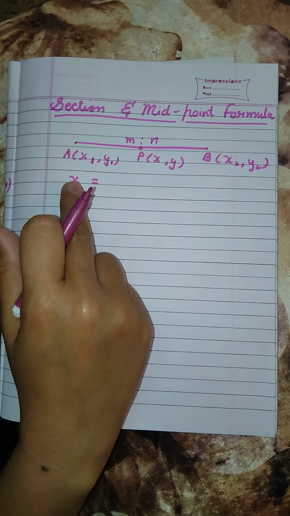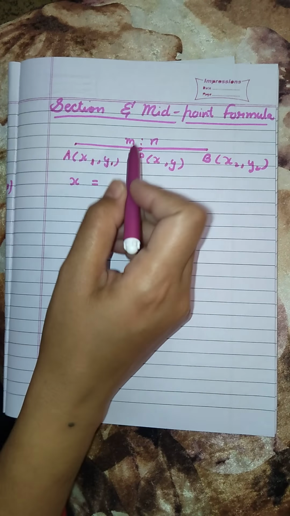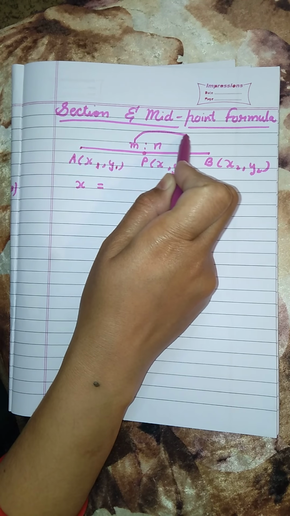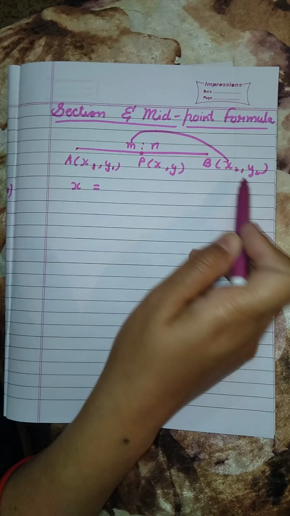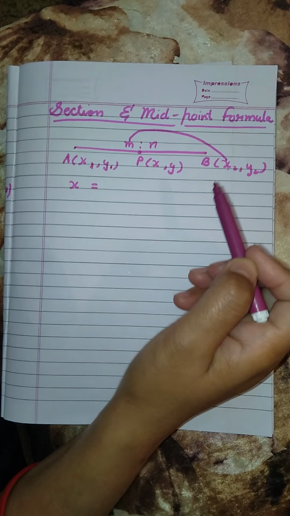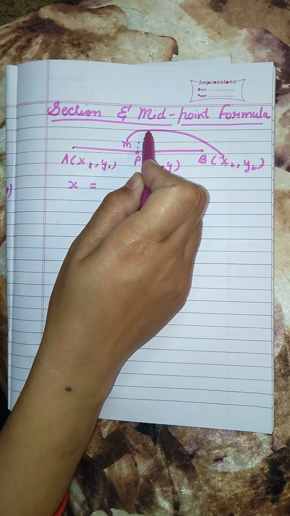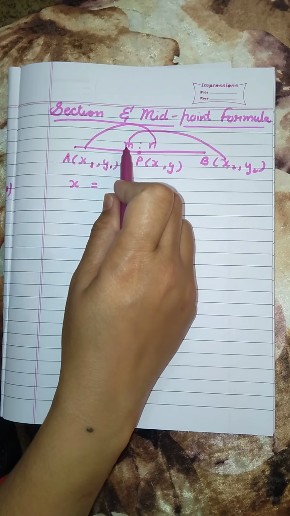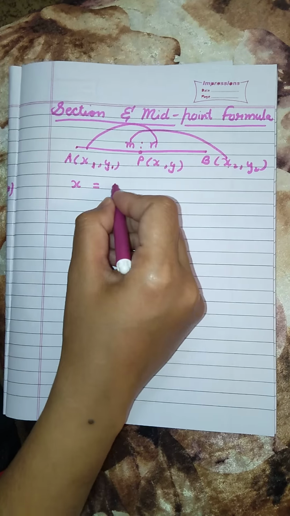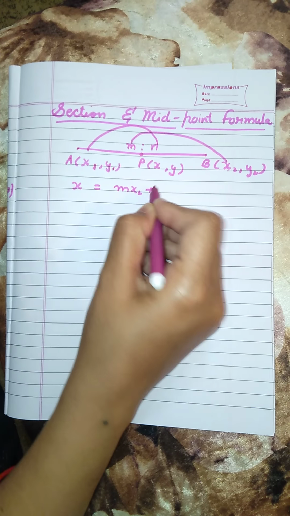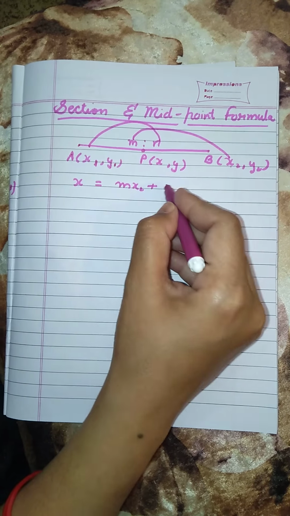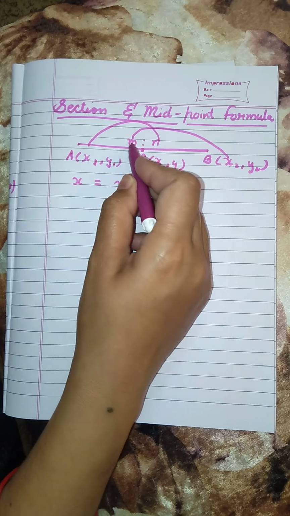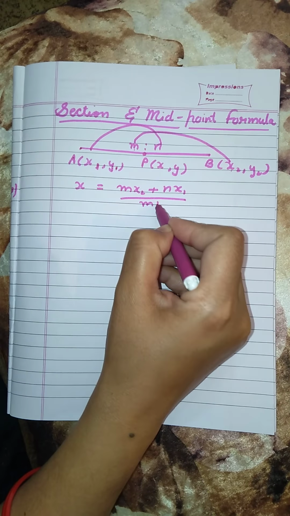It means to find the x coordinate I have to multiply the left hand side of the ratio with the right hand side x coordinate and the right hand side ratio with the left hand side x coordinate. So it becomes mx2 plus nx1 over the sum of ratio, which is m plus n.